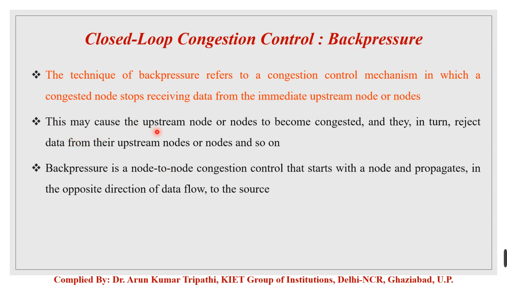This may cause the upstream nodes to become congested and then in turn reject the data from their upstream nodes and so on. Back pressure is a node-to-node congestion control that starts with a node and propagates in the opposite direction of the data flow to the source.